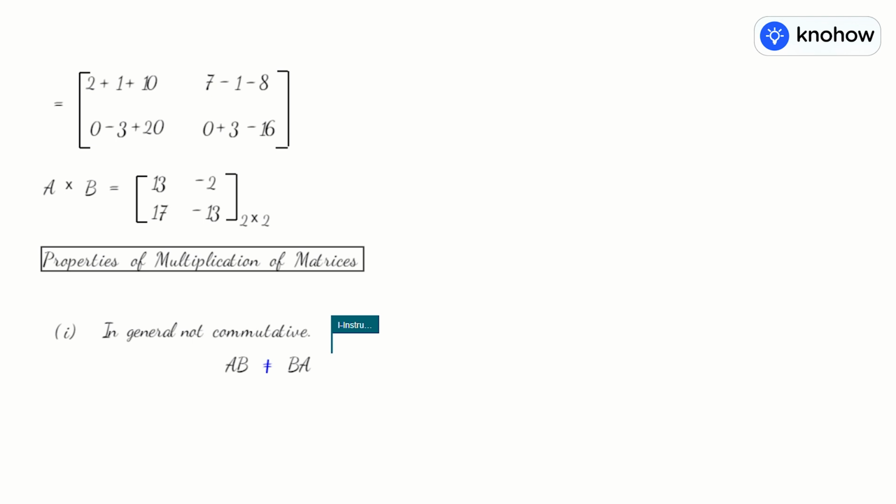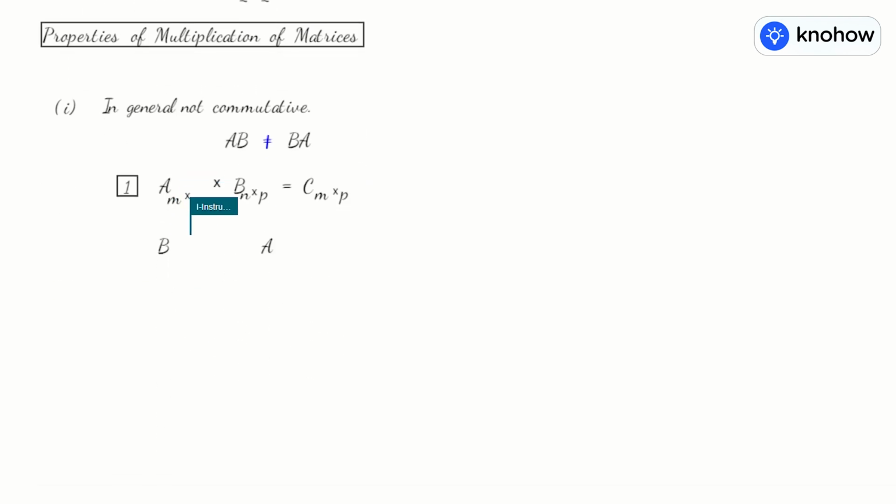Just see, as usual, we define AB, A is of the order m by n. B is of the order, say, n by p. Then what is the resulting matrix C? The order of C is m by p. And now, let's say case 1, take BA. Order of B is n by p.